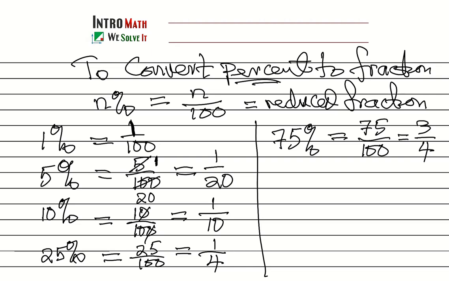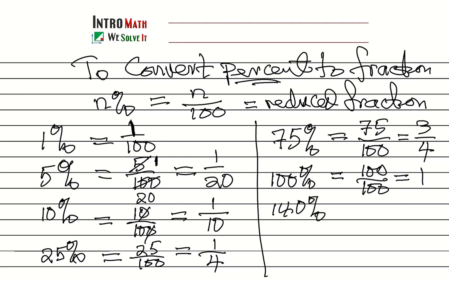What if I say 100%? Do the same thing: 100/100, and that gives you 1. Now, suppose I make it bigger. Suppose I say 140%. There's nothing to be confused about.